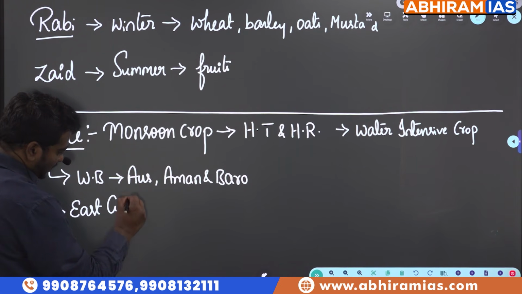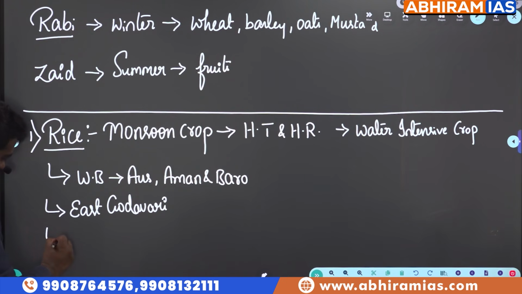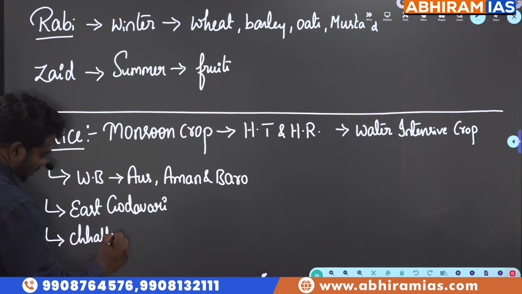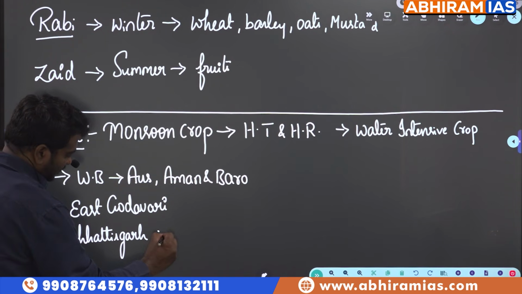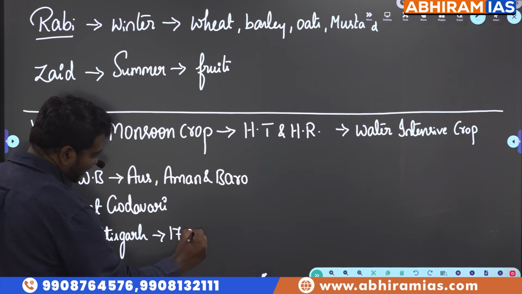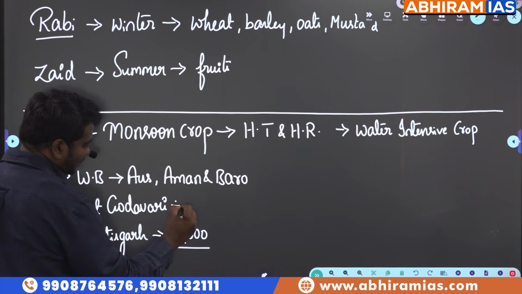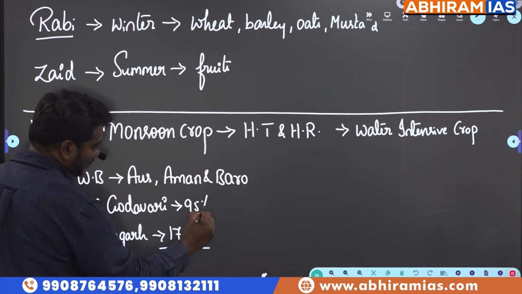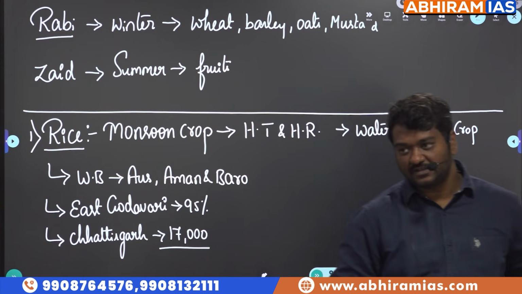East Godavari and Chhattisgarh are important. Chhattisgarh has 17,000 varieties of rice. In East Godavari, 95% of the area is used for rice cultivation.